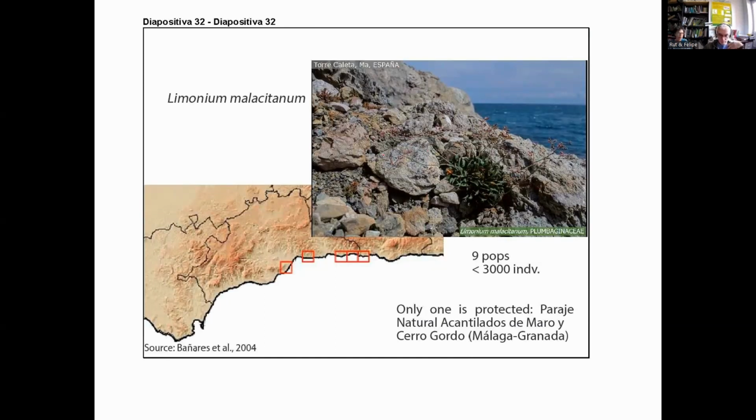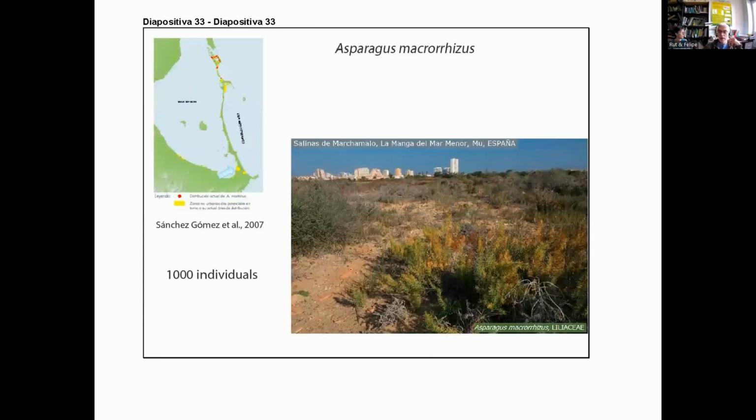I'm going to go fast, but usually they are growing in the last remaining habitat impossible to build on, like cliffs by the sea, like this plant in the Limonium genus, or this one, Asparagus macrorhizos, which is only growing in a few locations in the whole world, and that's it.